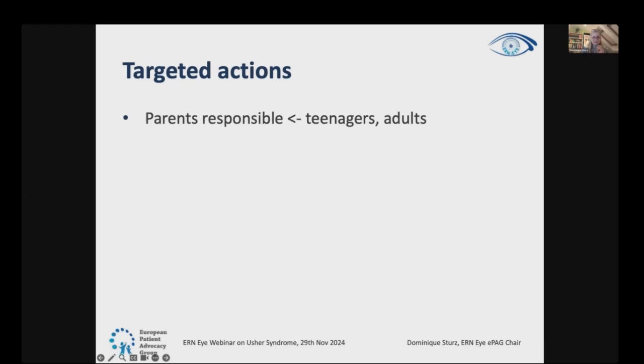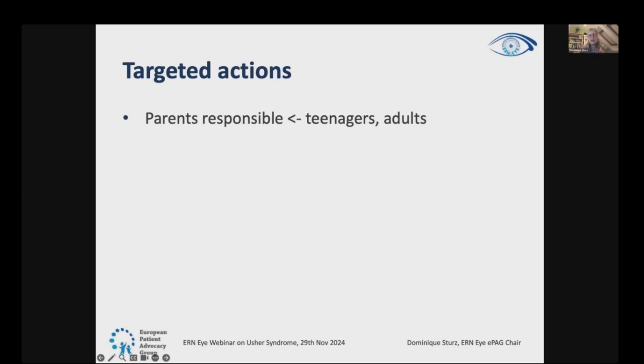Parents build and create an adequate environment for, let's say, school, hobbies, education, family, friends, etc. And when parents are able to do this because they have an accurate diagnosis and know what to do in a targeted way, those affected children just grow up with it, protected by their family.